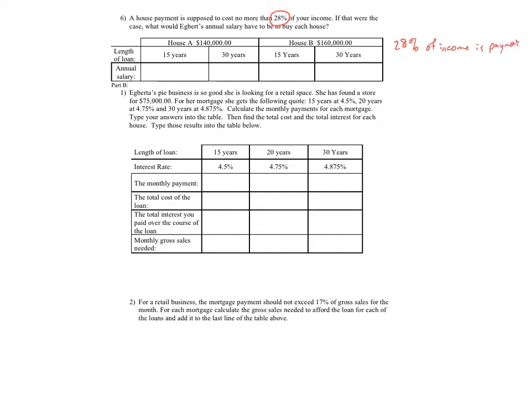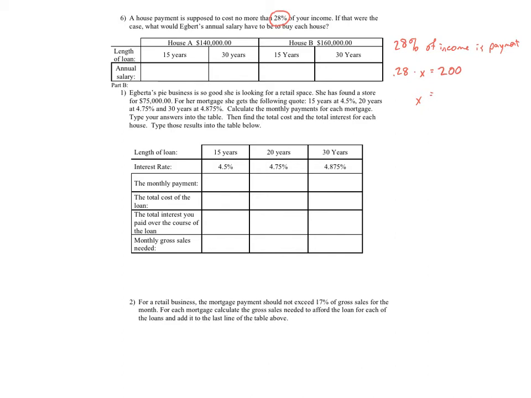In the example from the first slide, 0.28 times my income X is equal to the monthly payment, $200. To solve that for X, I'm going to take $200 and divide it by 0.28.